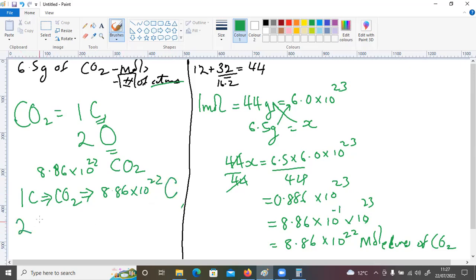But I know I have 2 oxygen atoms for each molecule of CO2.